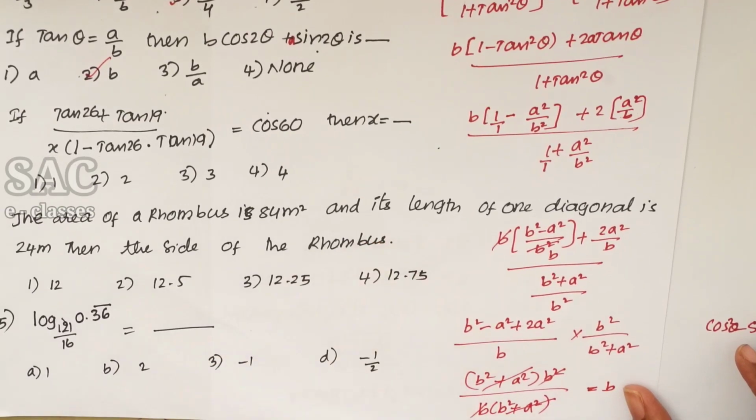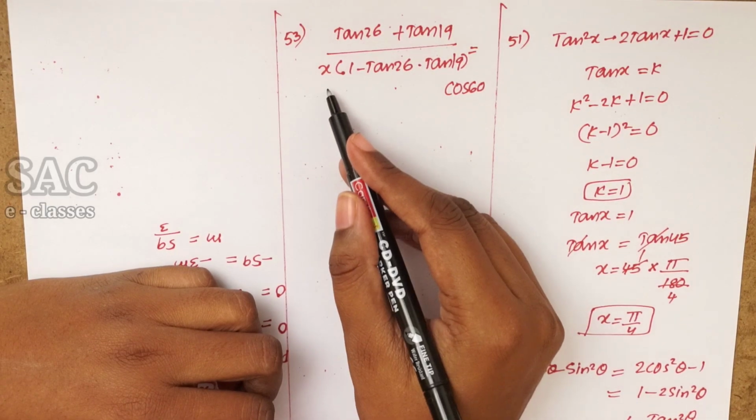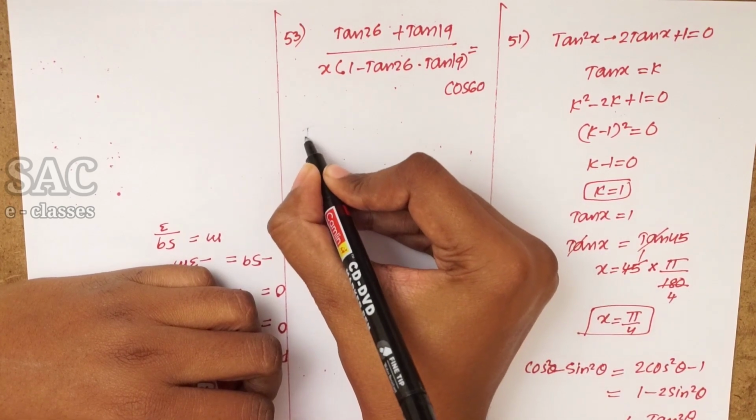Now look at the problem number 53. Look at the 53rd one. If tan 26 plus tan 19 by x into 1 minus tan 26 into tan 19 equals cos 60.